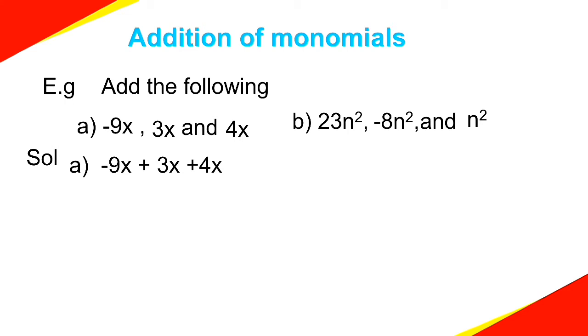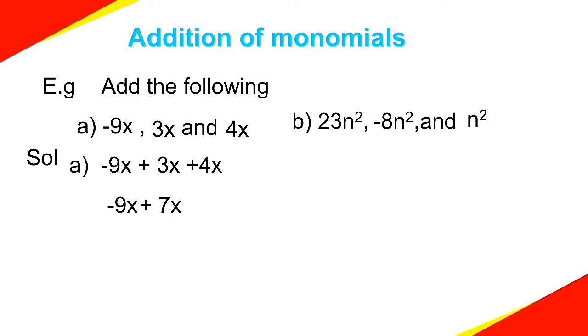Good. Now see here, according to the board mass, first we have to add. Right? So what we have? Minus 9x, plus 3x plus 4x. 4 plus 3 how much? Right, that is plus 7x. Now see, minus 9x plus 7x. Minus 9 plus 7.